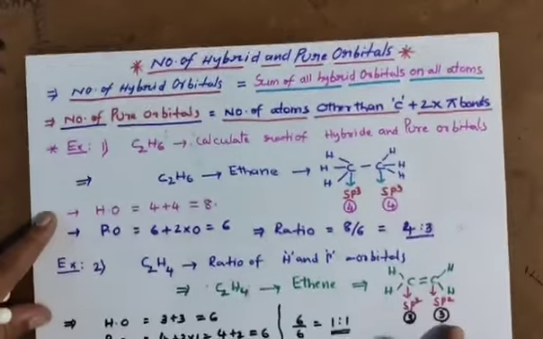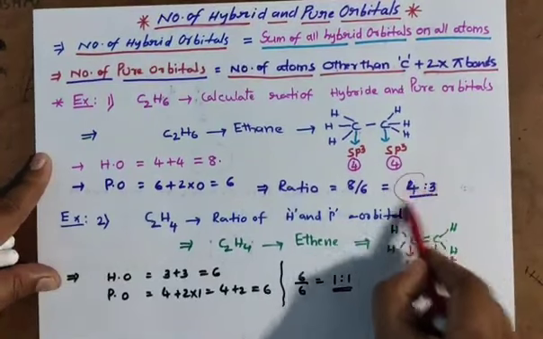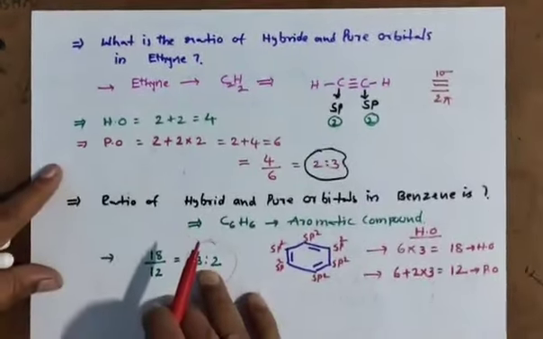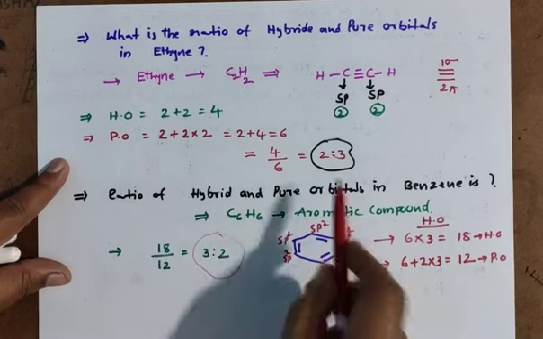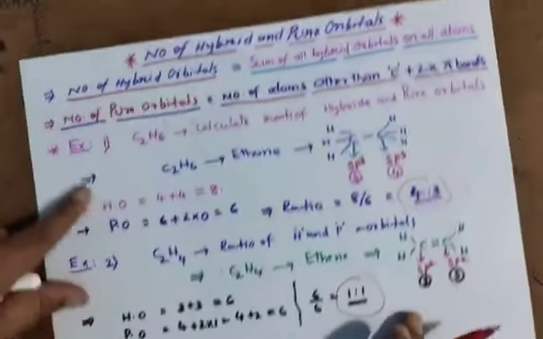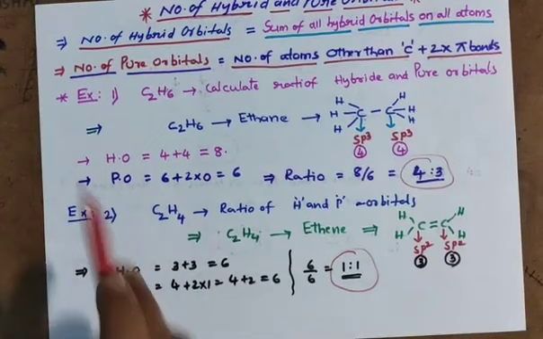So you have already learned 4 examples: in ethane, 4:3; in ethene, 1:1; in ethyne, 2:3; and in benzene, 3:2.